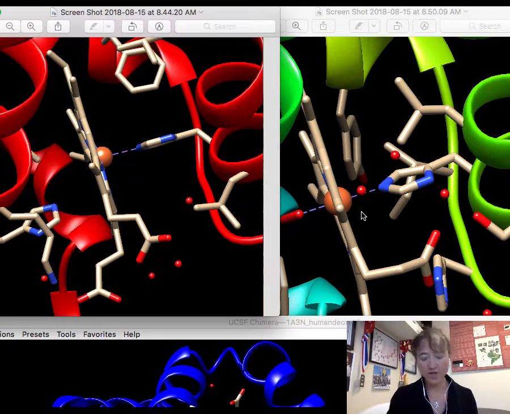And I want you to notice what that does to the orientation of the iron ion within the central position of the protoporphyrin ring. Recognize that it moves, and with that movement, it comes into the plane of the ring. So in the deoxy form, we see the iron is shifted outside of the plane of the ring, but when the oxygen binds, it pulls it into the plane of the ring.